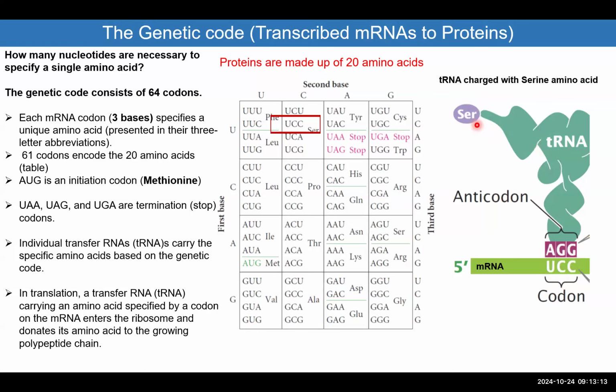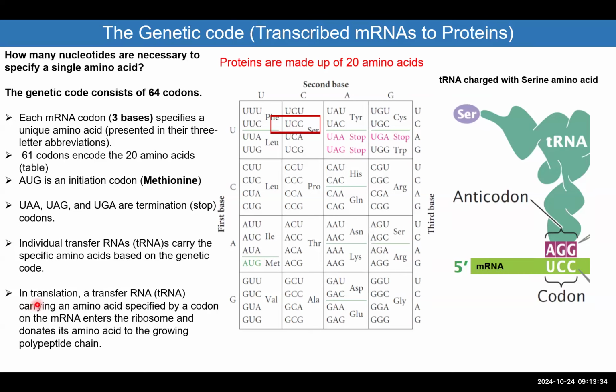Now, bear in mind that some amino acids are encoded by more than one codon. So if there was a UCU on the sequence, then we could add another serine.